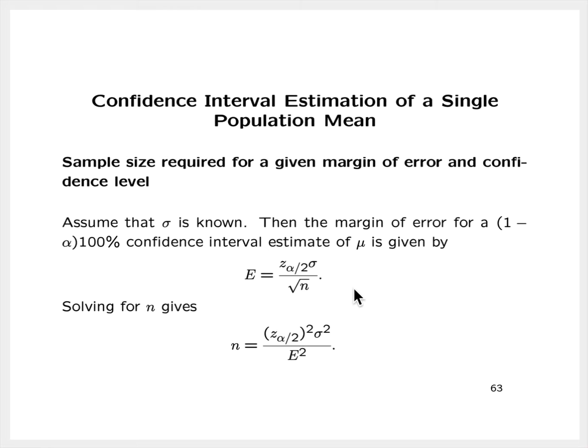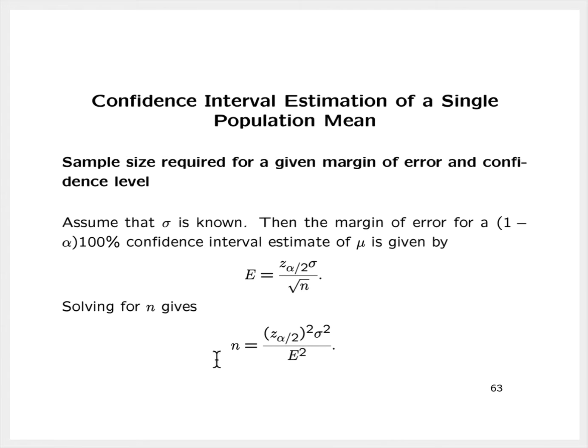I'm going to denote the margin of error by E. Then what we want to do is solve this equation for the sample size. We're going to square both sides and get n on the side by itself, using some basic algebra.